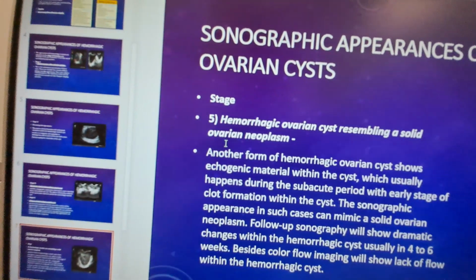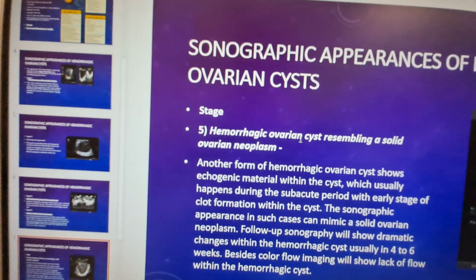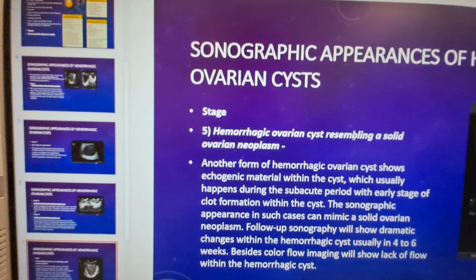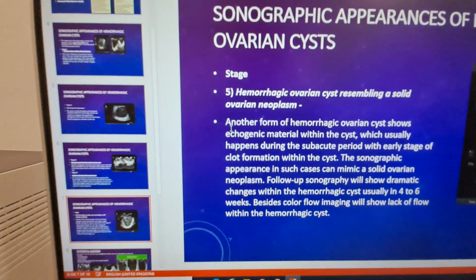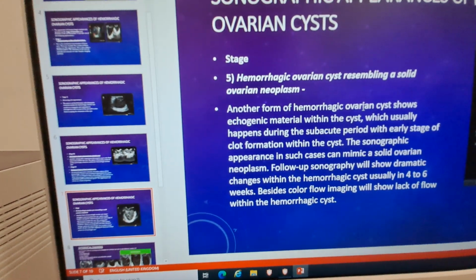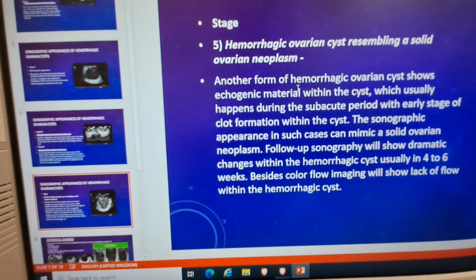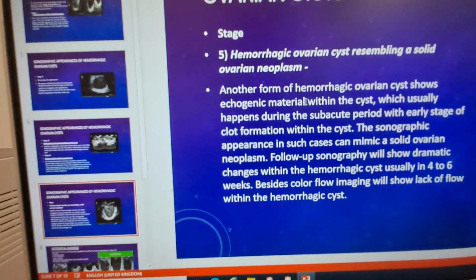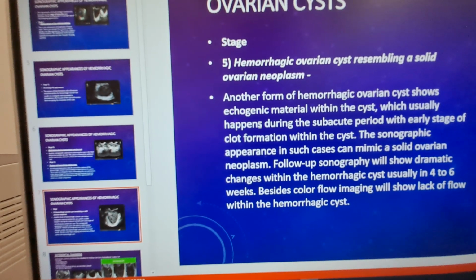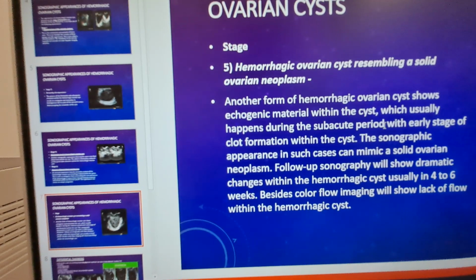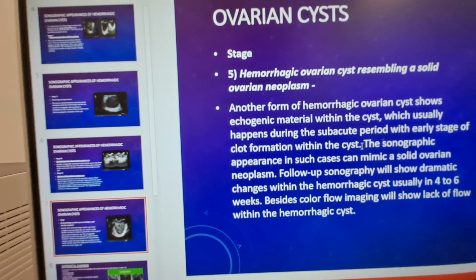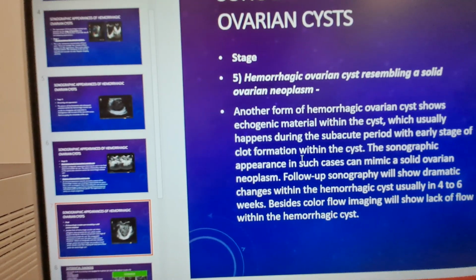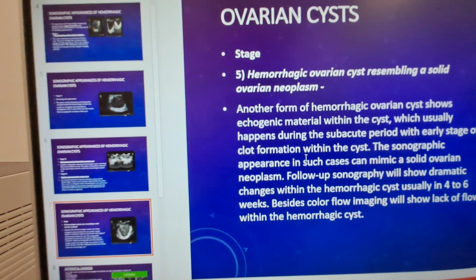Stage 5. So stage 5 is a hemorrhagic ovarian cyst resembling a solid ovarian neoplasm. Another form of the hemorrhagic ovarian cyst shows echogenic material within the cyst, which usually happens during the subacute period with early-stage clot formation in the cyst, and the ultrasound finding mimics a solid neoplasm in the ovary.